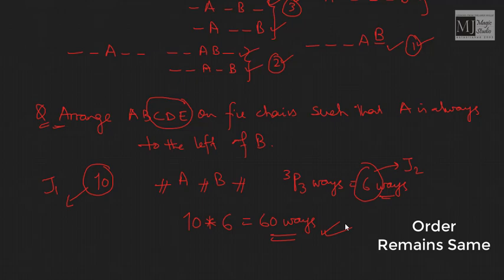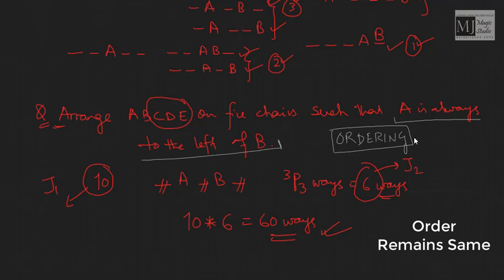But what if I ask you to arrange 10 people such that 3 or 4 of them are in a particular order? Now I have introduced this word order. Whenever you get something like A is always to the left of B, or B is always to the right of A, they are asking to keep the ordering unchanged.